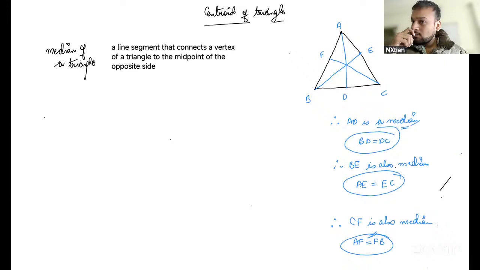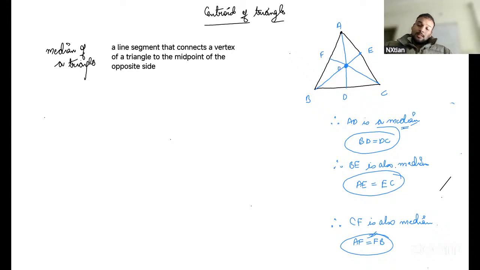Did you understand? Okay. So now the point where the three medians meet in a triangle is called the centroid.